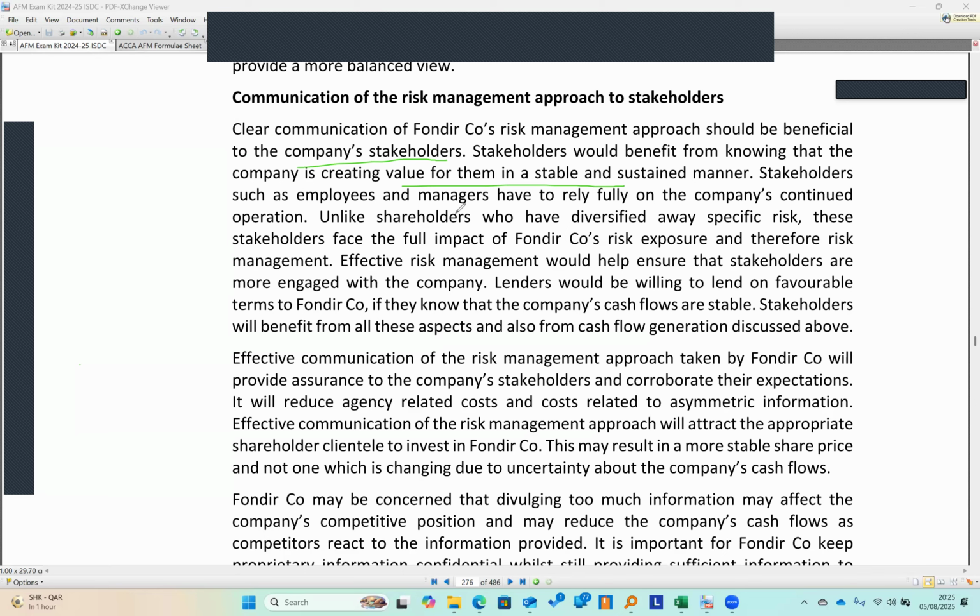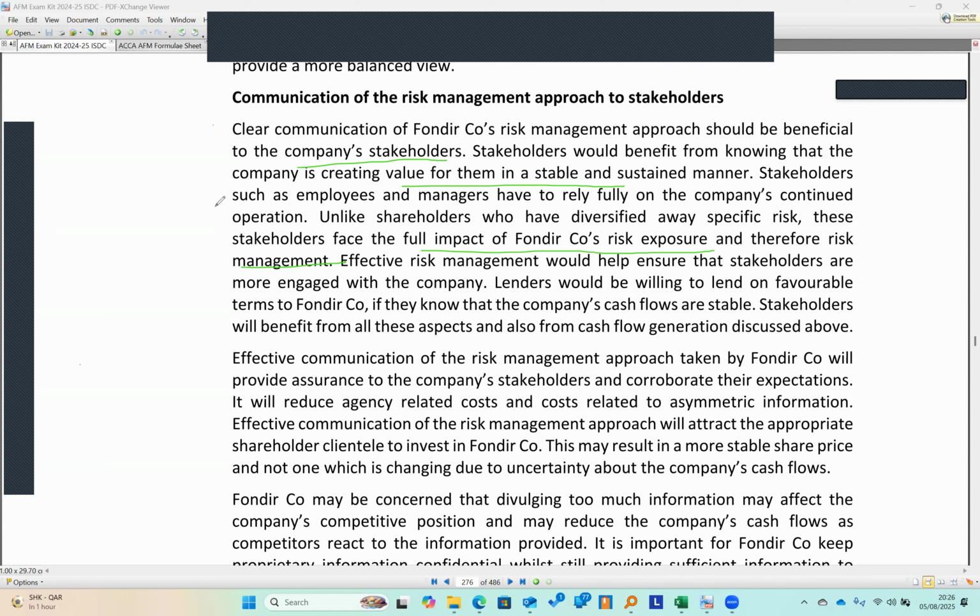So it gives them comfort that the company will survive. And also, because the managers and employees are not diversified, they feel the full impact of the risk exposure, and therefore risk management helps them to be more engaged with the company. Lenders will be willing to lend on favorable terms.